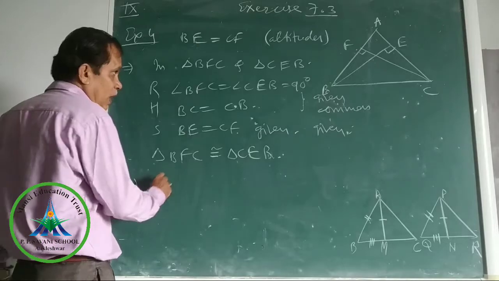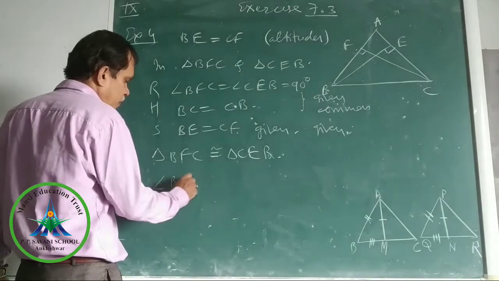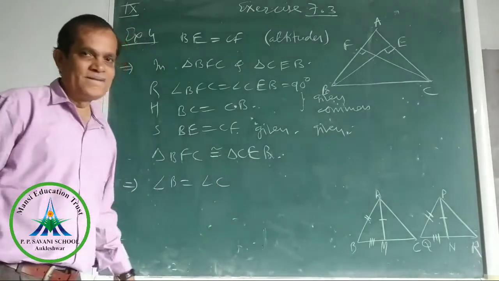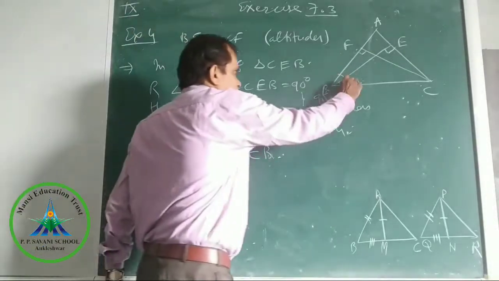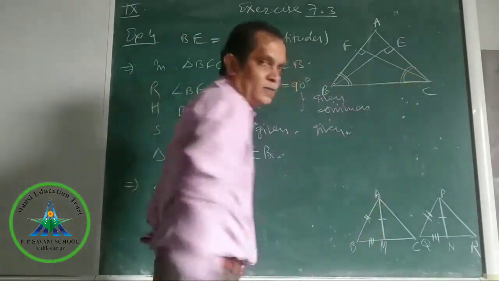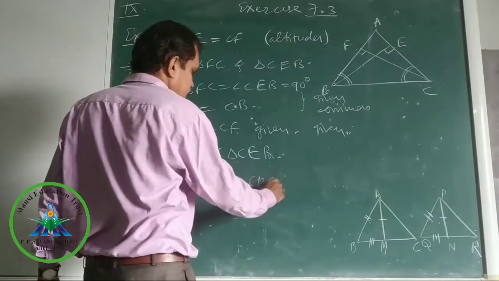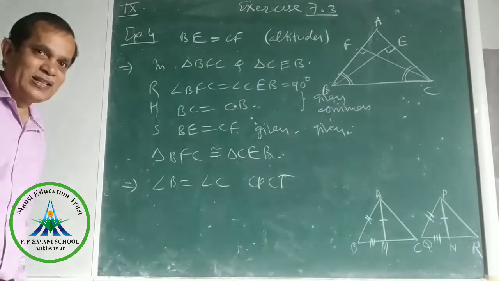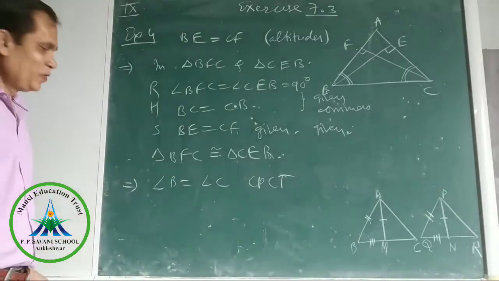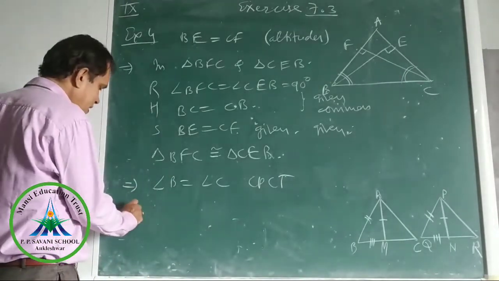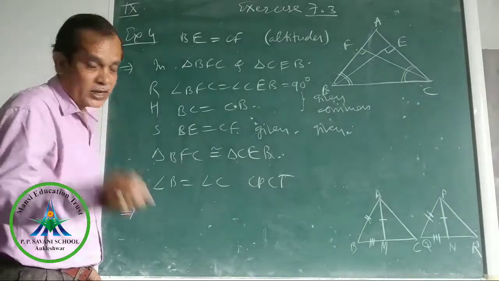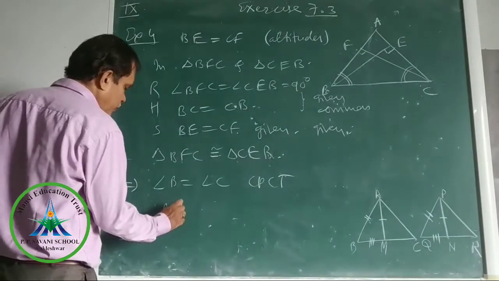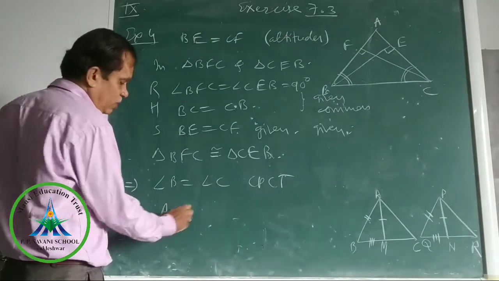If both triangles are congruent, then you are getting it now. Look there. Angle B equal to angle C. This angle equal to this angle. If these angles are equal, both are base angles. Yes or no? If both angles are equal, then sides opposite to equal angles are equal. So AB equal to, opposite to angle B what is AC?